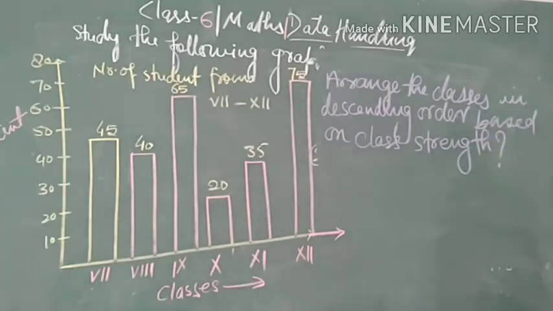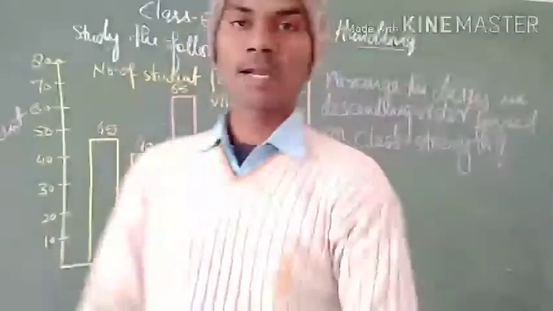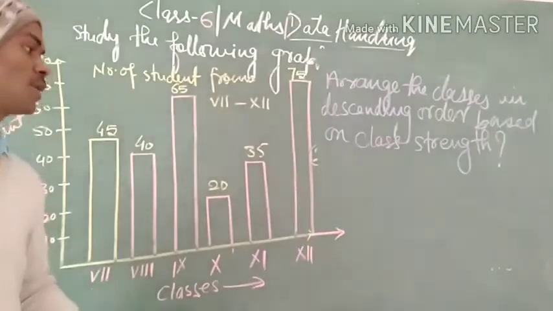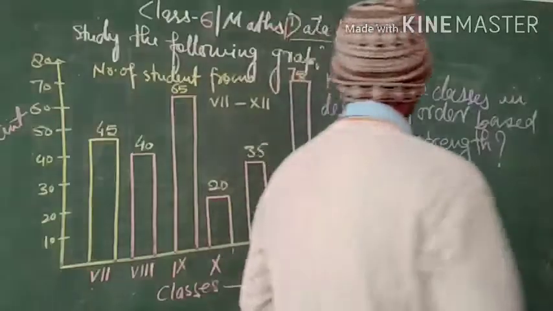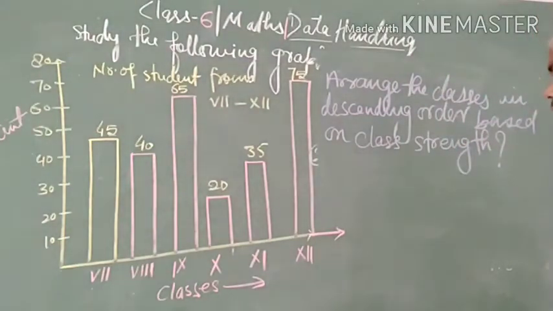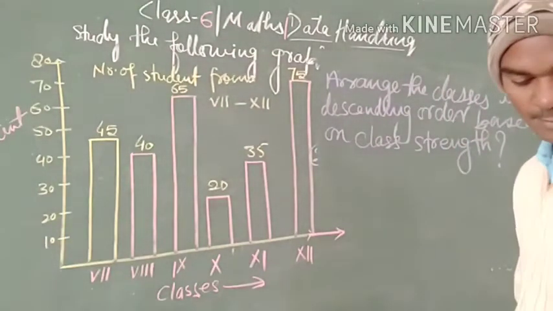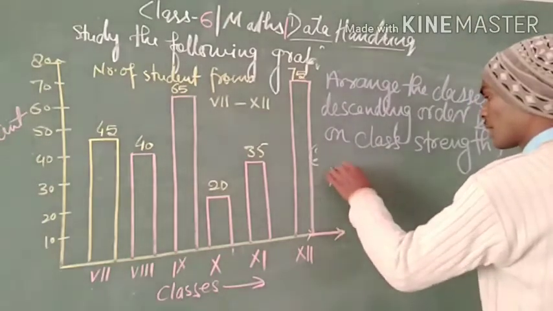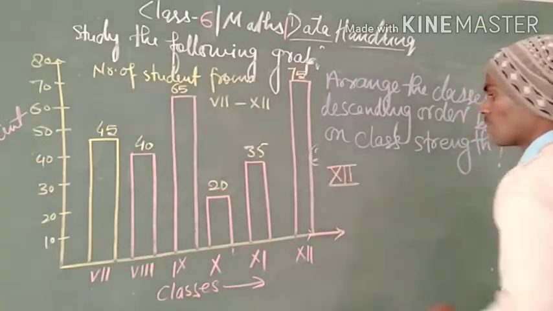Here we have to arrange the classes in descending order based on the number of students. First of all, we write the class which has the highest number of students, that is class 12.